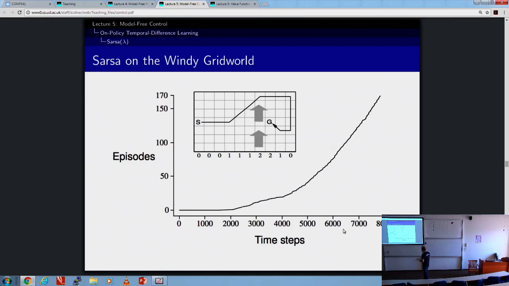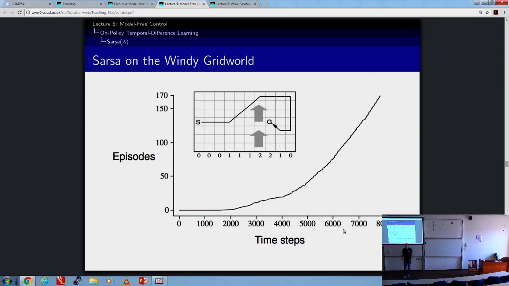And this is an interesting graph. It's different from the typical learning graphs that we've seen, so let me explain. These are the actual steps taken by the algorithm, and this is how many episodes we were able to complete, how many times we were able to reach G. As you see, for the first 2,000 steps, the number of episodes is 0.